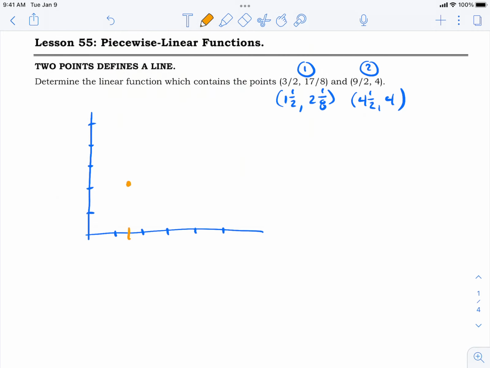There's my first x coordinate, x1. And it has a y coordinate, so to speak, of 2 1/8, which I'm not going to call y. I'm going to call this f of x1. You plug in x1, you get out f of x1. That's the output. So this is kind of like my x-axis, and this is kind of like my f of x. It gets plotted along this axis.